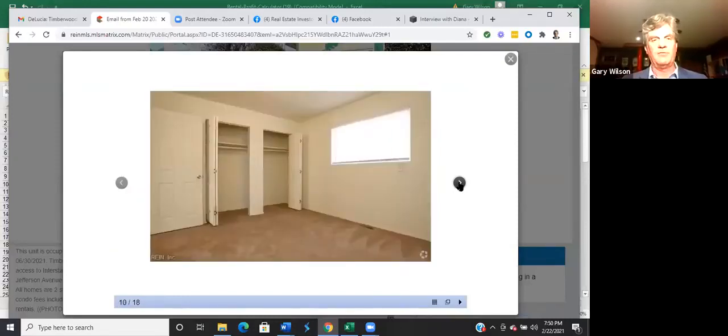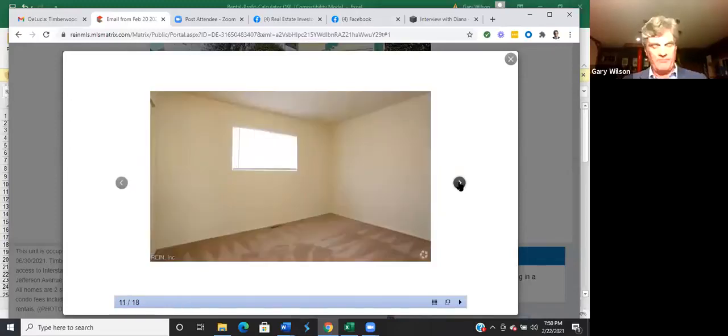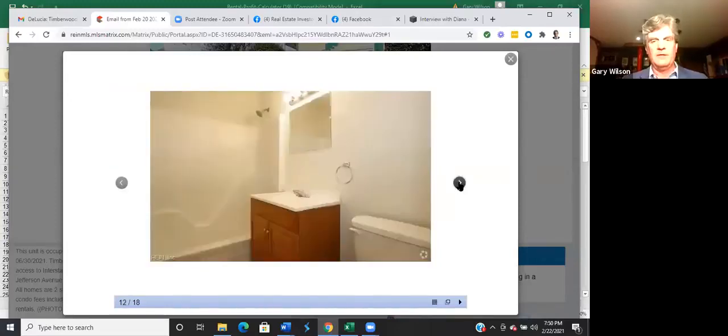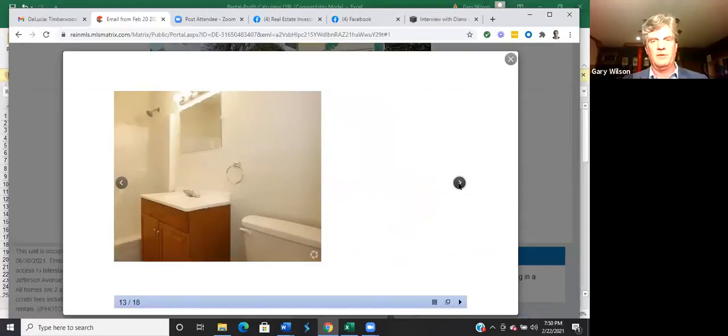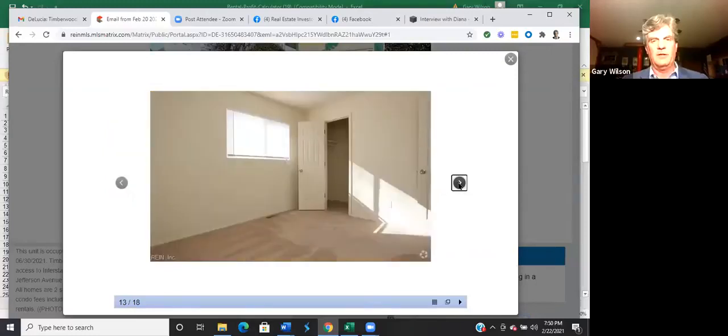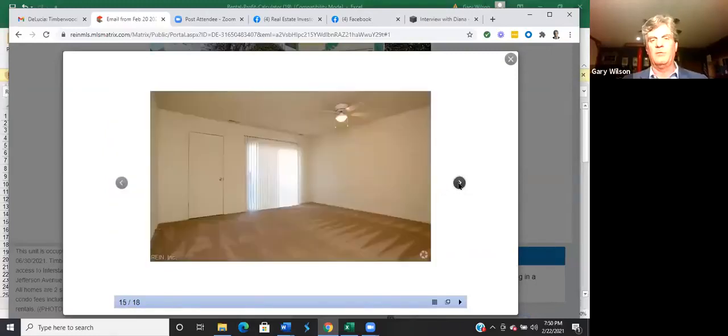Everything's going to be square and plumb, right? Nothing fancy, just straight, solid, good stock. One of the bedrooms is a little tiny, but that's okay.